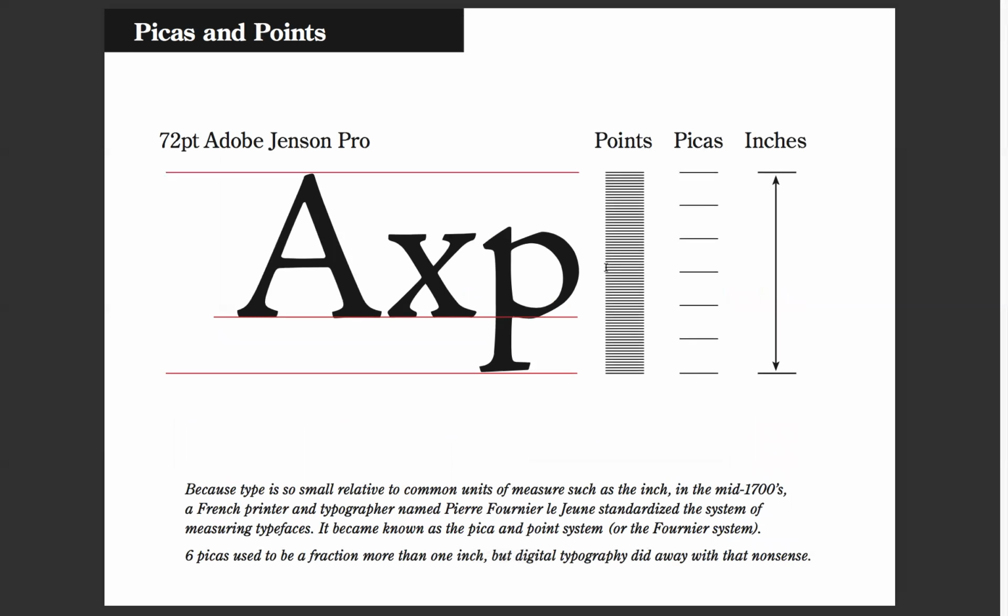And again, we use this unit of measurement. Picas and points have been used to measure type since the mid-1700s. Prior to that, there was no standardized unit of measure for type, and type from one type foundry and type from another type foundry wasn't interchangeable, which made things complicated.